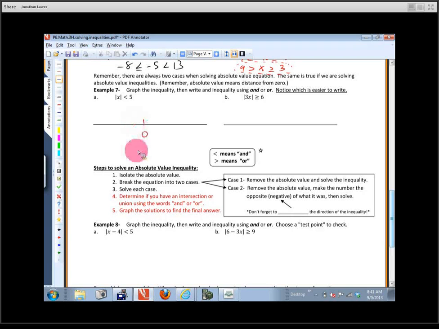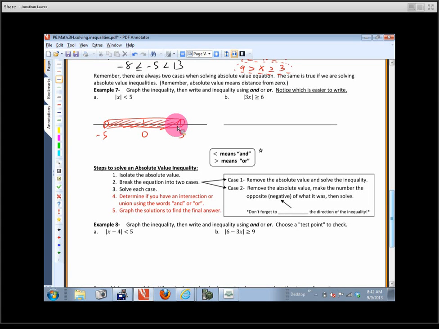So if 0 is right here, you can go forward to 5 or down to -5, but you can't go any further in either direction. So that means it would only be that little interval right there. Good there?